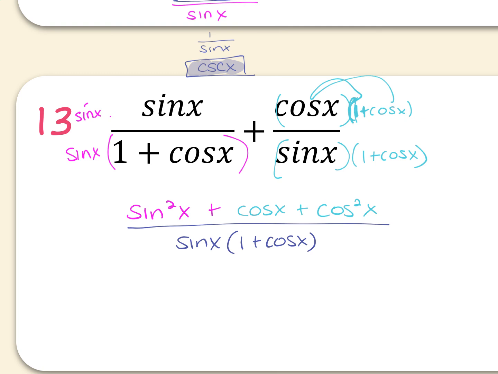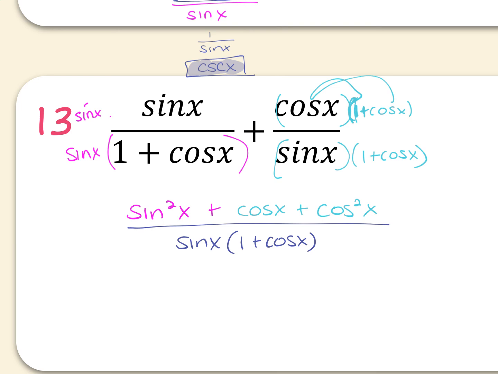Now, do you see anything there that you can simplify? So I'll give you a hint. As soon as you see those squareds, you want to go back to your Pythagorean identities.